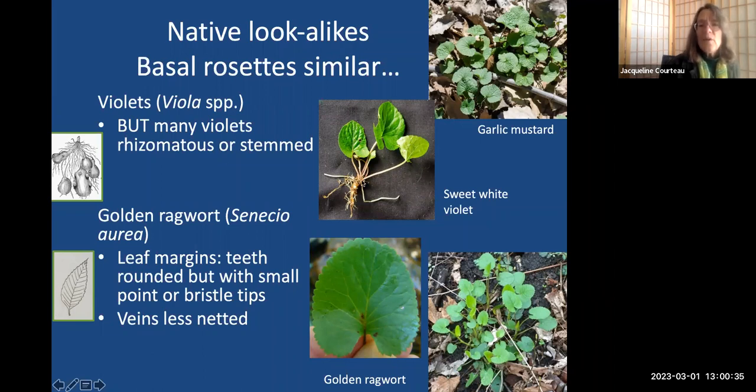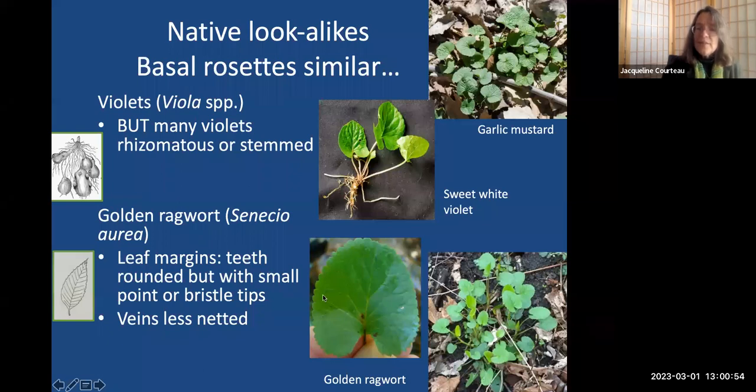So the leaves will be growing off a stem rather than in a basal cluster. Another that can be really confusing is ragwort, especially Senecio aurea, but even the round-leaf ragwort can be confusing sometimes.